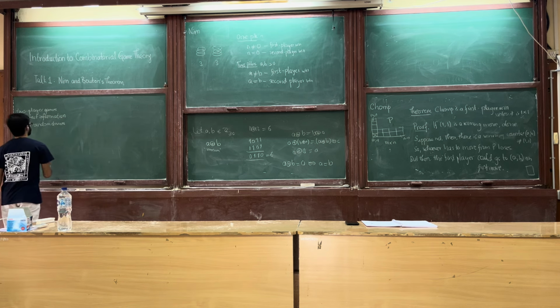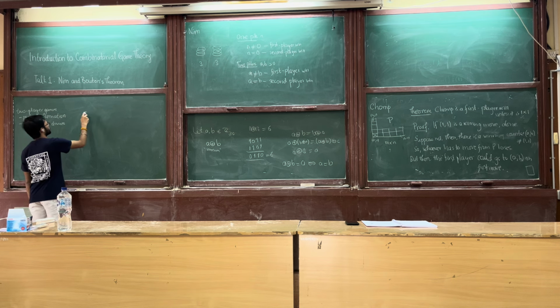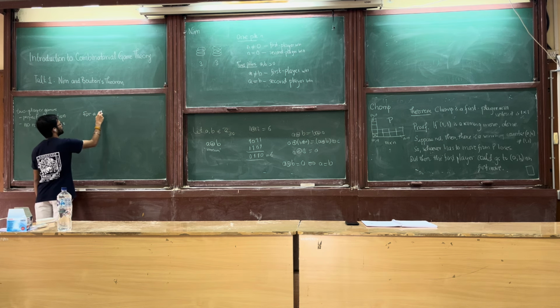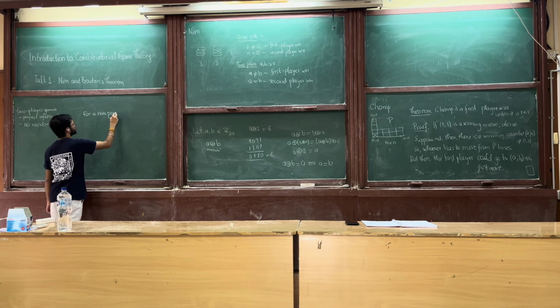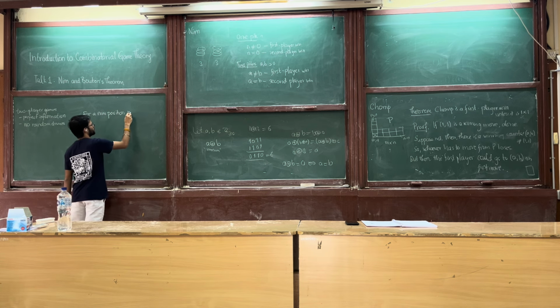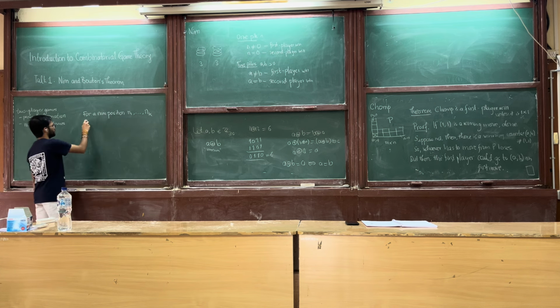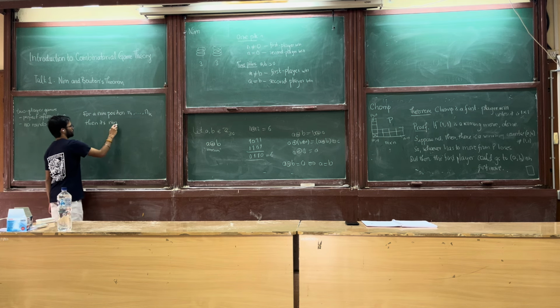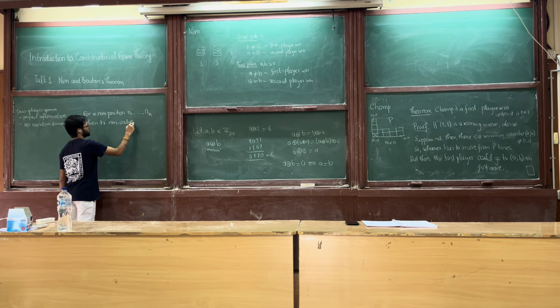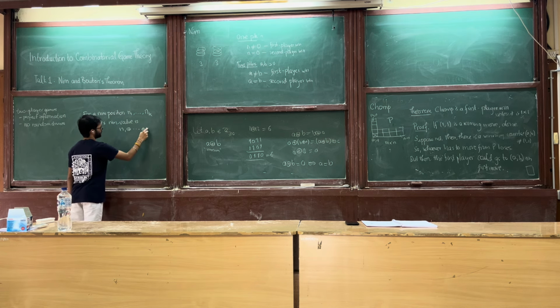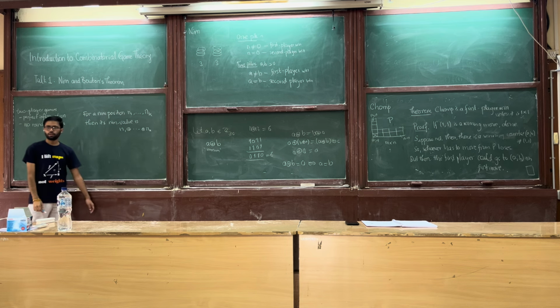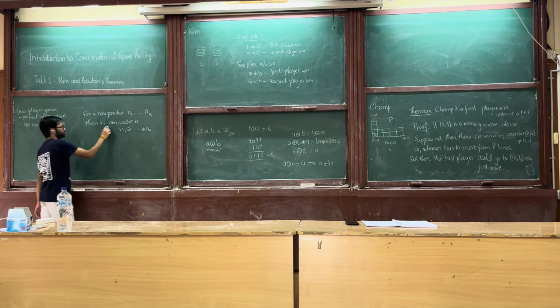So what we'll do is, suppose you have a position where there are k piles with n1, dot dot dot, nk points. Then you nim-sum all of them, and that is what you call its nim value.